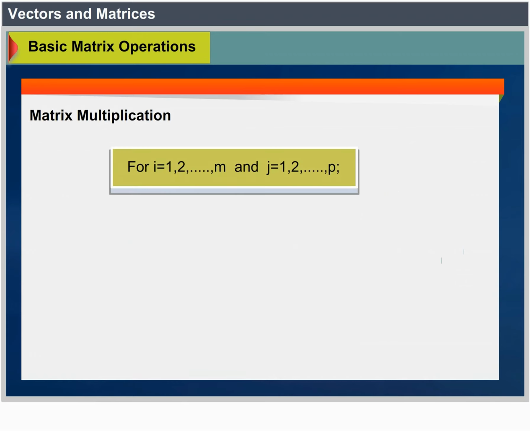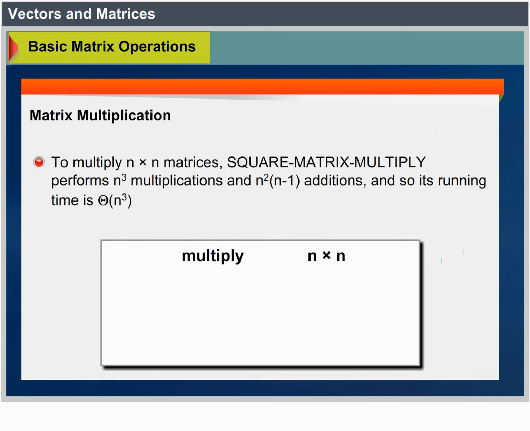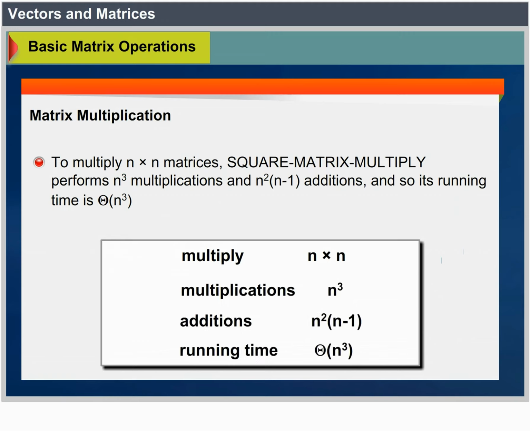To multiply n by n matrices, the square matrix multiply performs n cubed multiplications and n squared times (n minus 1) additions, and so its running time is theta of n cubed.